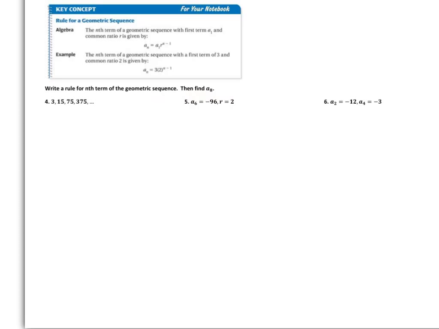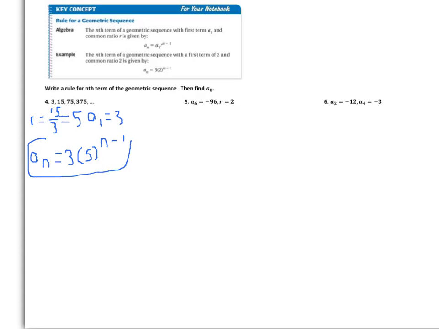Okay, so this first one, they told you it's a geometric sequence, so to get r, 15 divided by 3 is 5. First term, 3. So fill it in. a sub n equals 3 times 5 to the n minus 1.